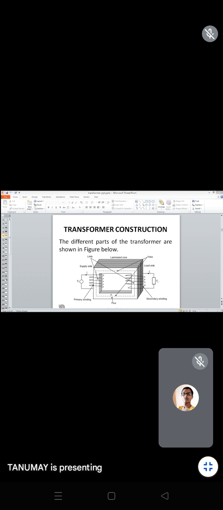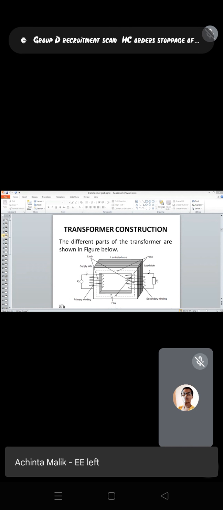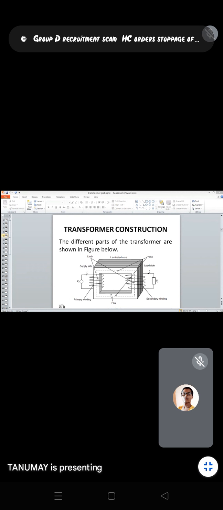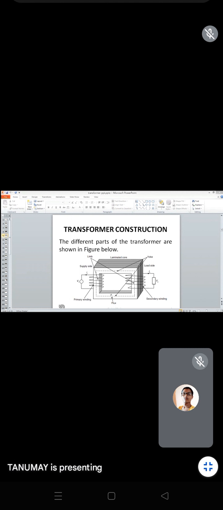As the secondary winding is connected with the secondary load, a current I2 flows through the load, and you get some voltage over the secondary side. This is called V2. Across the secondary side you get E2, and this current is I2.